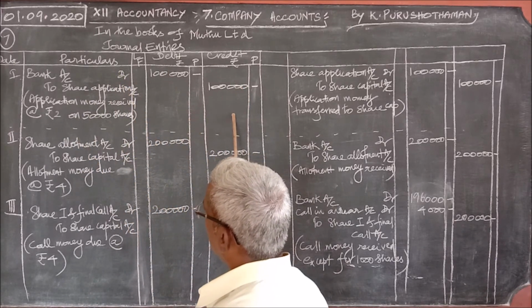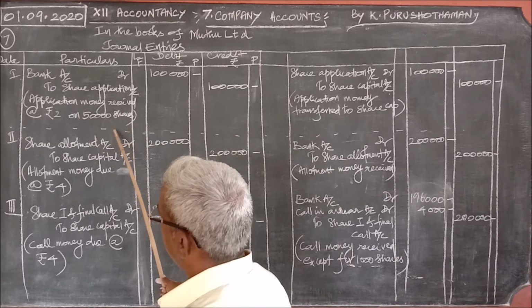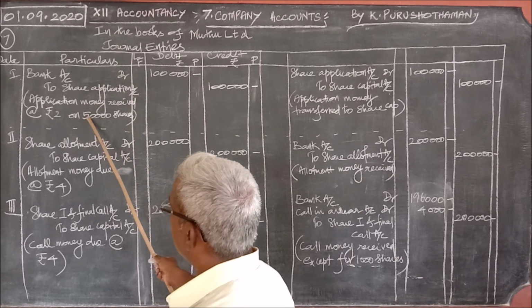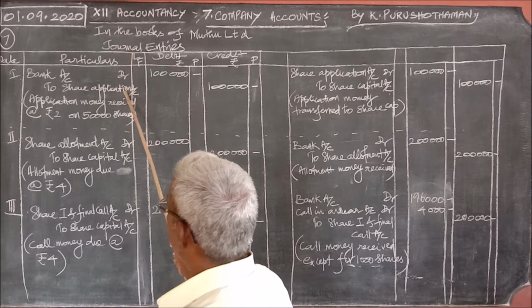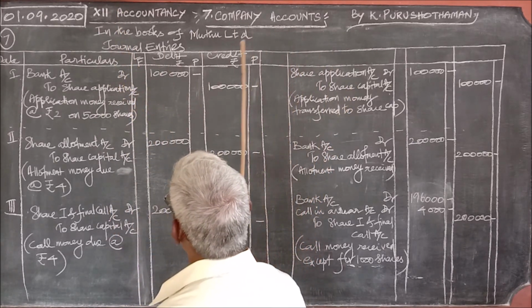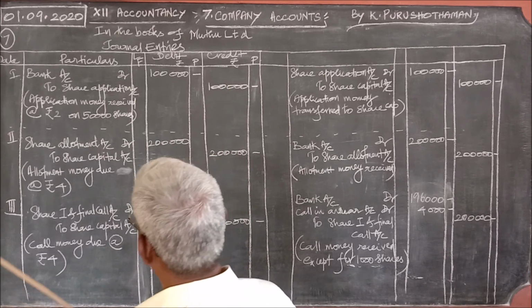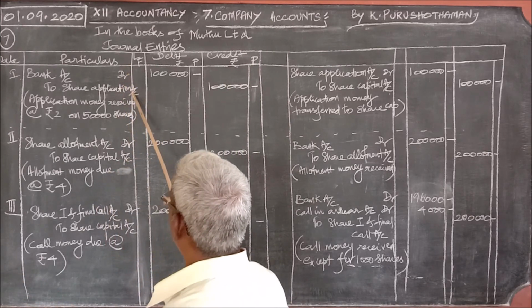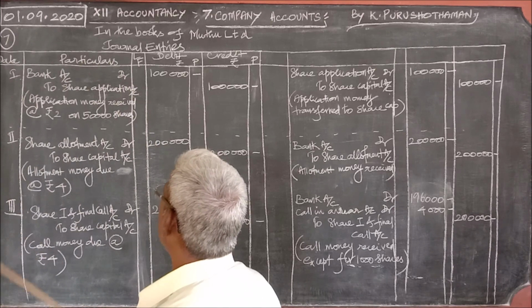Since in the first stage only the money will be received, and that application money will be transferred to share capital, as I said in the previous classes. So, bank account debtor to share application account.